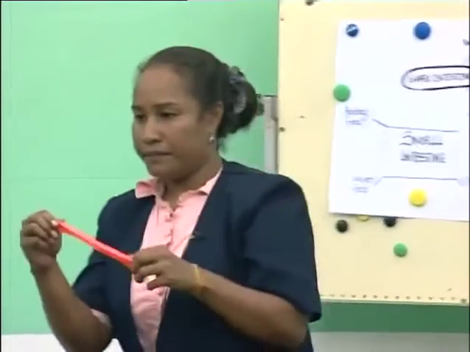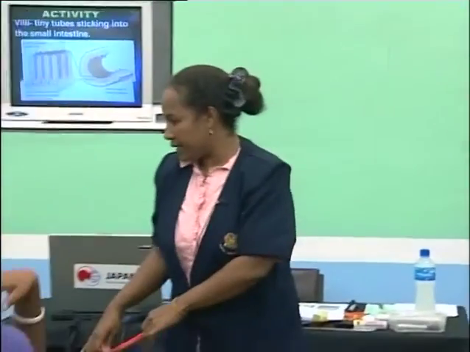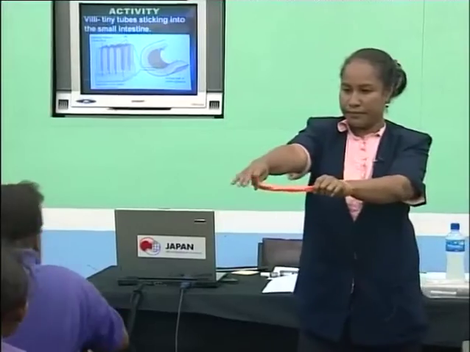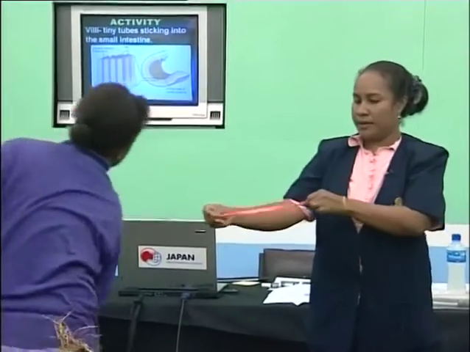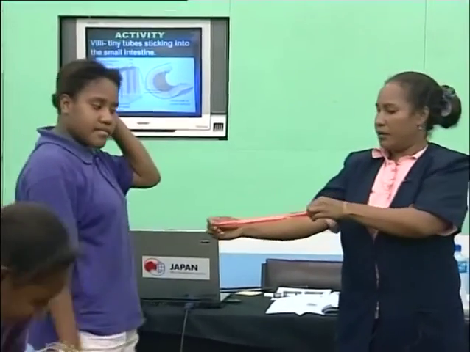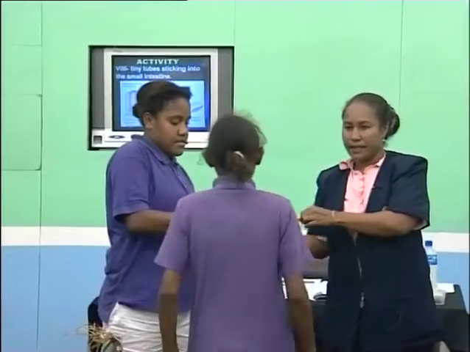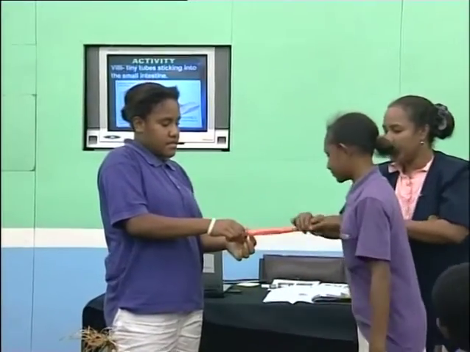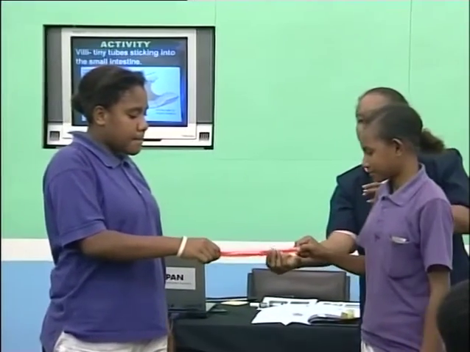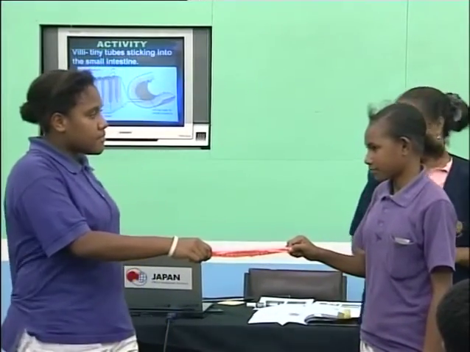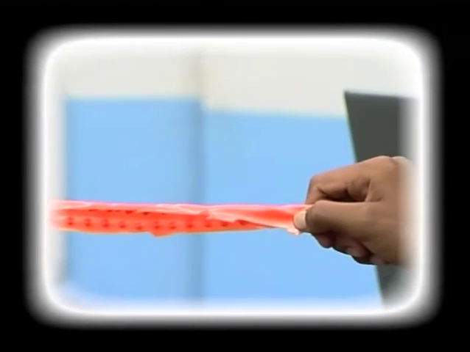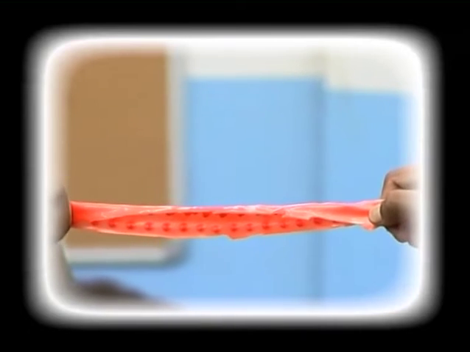Now let's have two students here. Michaeline, stand here, and Momoru. Okay. Michaeline, hold this end, and Momoru, hold this hand. Okay, this is a cutaway ball that I used just to show you how the inner part of the small intestine looks like.